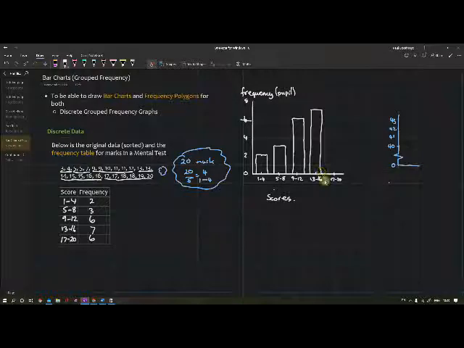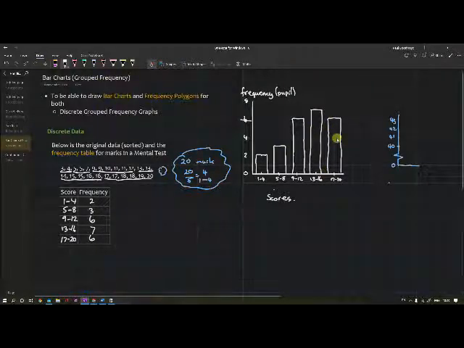If you want, you can shade them in and then come back down on the other side. I've now got my graphs. Hopefully, if you're doing this accurately, you do it by using lines and being careful about your positioning. There is a second type of graph which is similar to this, and it's called a frequency polygon. Now the word polygon means shape of straight lines.